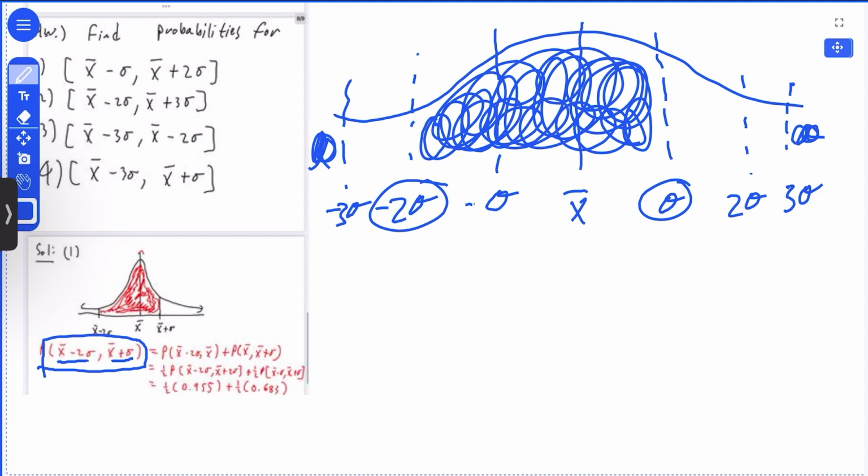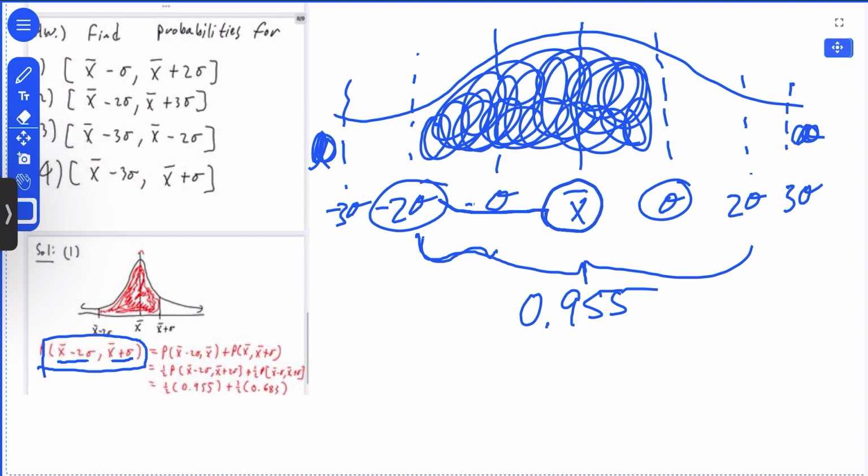But here, what they're doing is, since we've already said that two standard deviations would equal about 95.5, right? But we are only wanting to figure out, for this first part, between here and here. So we can half that. That's where they get this 1/2.